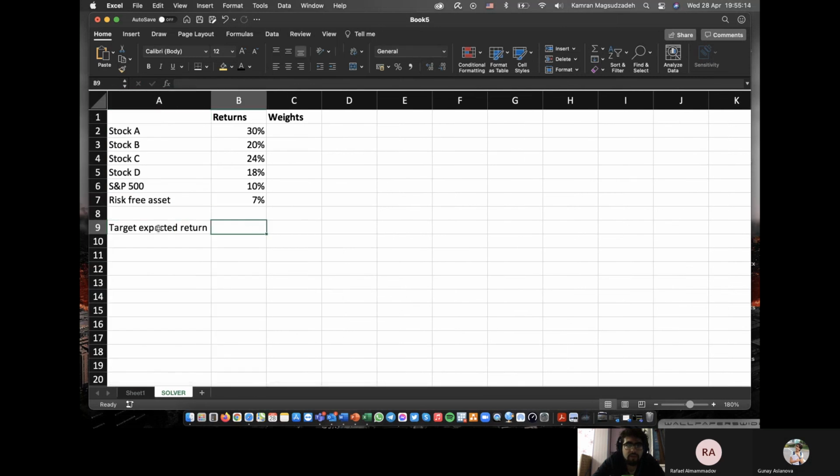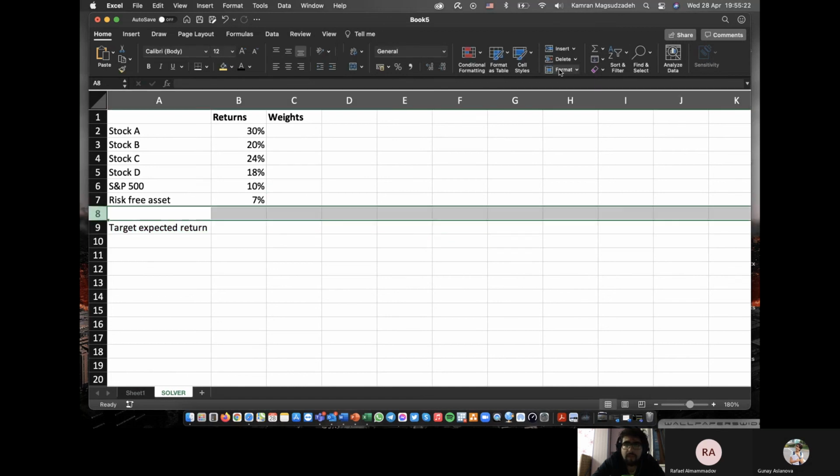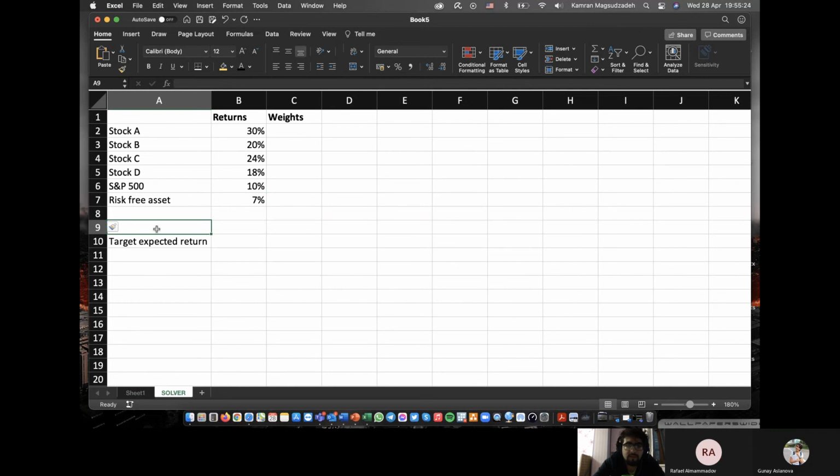Let's say, let me write here, target 22%. So I want to gain 22% portfolio return from all these assets, but I don't know how much should I invest in these weights, in stock A, in stock B, and stock C, D, S&P 500, and risk-free asset.